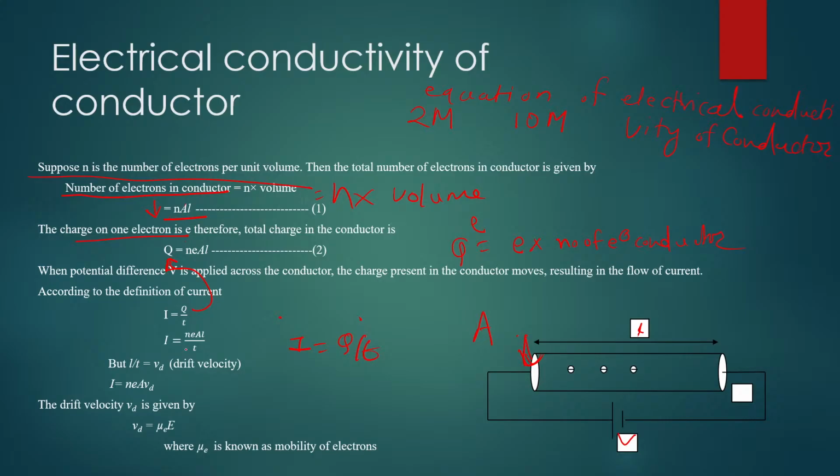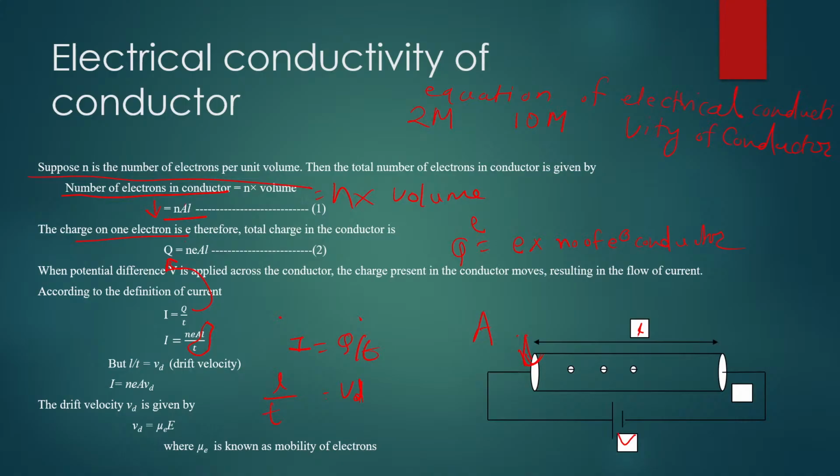Then, L by t: as you know, distance divided by time is velocity, and we call it the drift velocity, with a small d, v d. No conflicts, keep it in your mind.